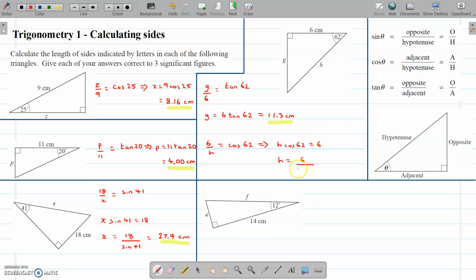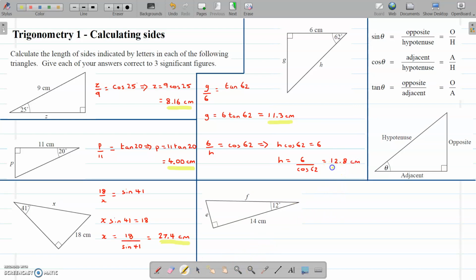If I put that into the calculator, I will get 12.8 centimeters, to 3 significant figures. I've rounded all these already.